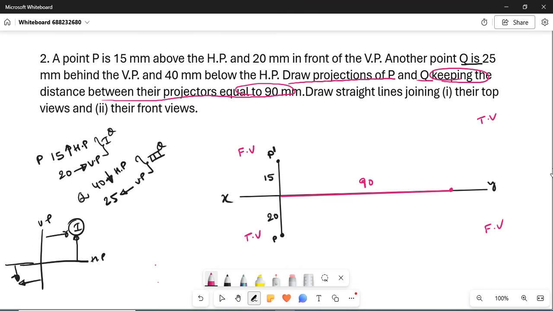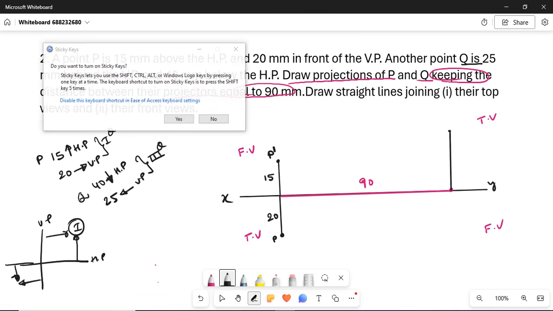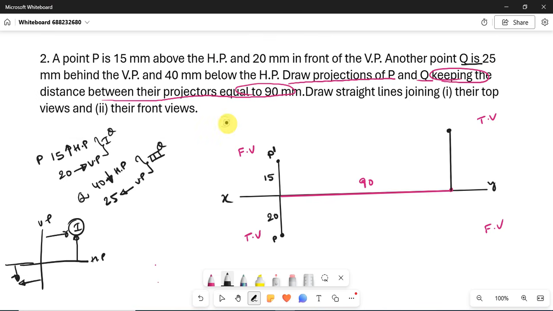Okay, now mark the Q point also. The top view of Q will be above the XY line because it is in the third quadrant. Mark here Q top view above the XY line. For the top view we need to mark the VP distance. From the VP the distance will be 25 here.